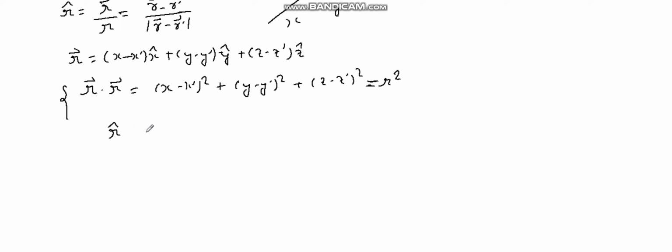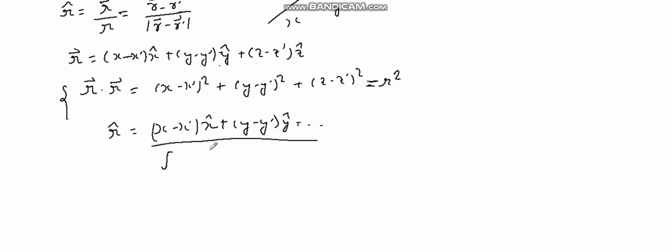And this unit vector can be obtained from this. I'm writing just one or maybe two components. Similarly, the z part divided by this term, x minus x prime squared plus the other terms will be there. Okay, so this is it.